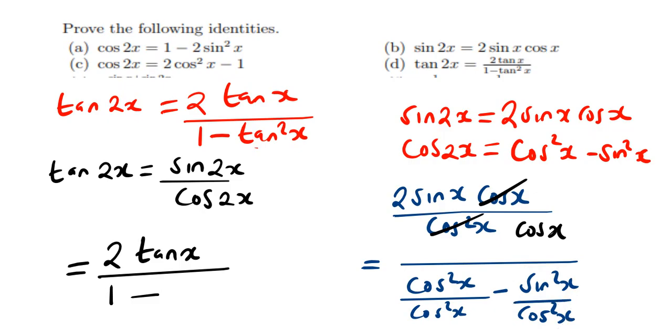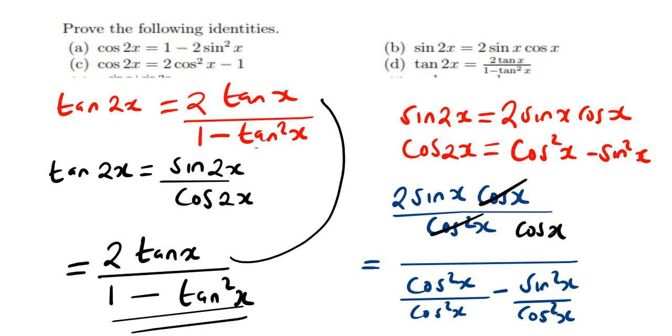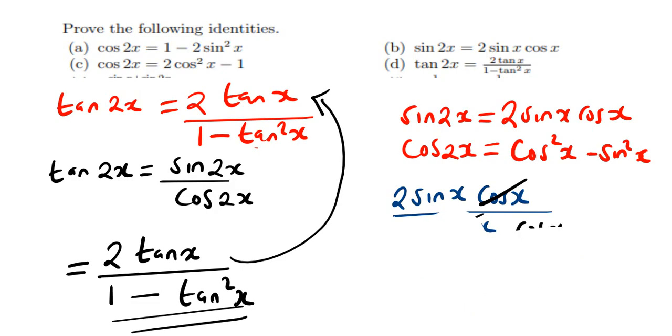Because they are squared, I'm going to say tan squared x, and that's how you're going to solve it. And you're able to see that your left hand side is equal to your right hand side, which is that. Hence, you are done like that, and don't forget to write, hence proven.